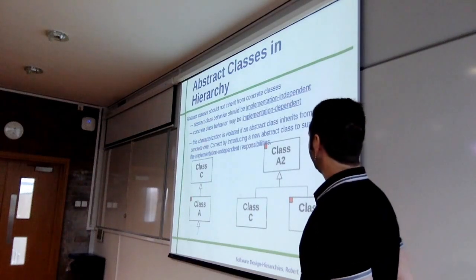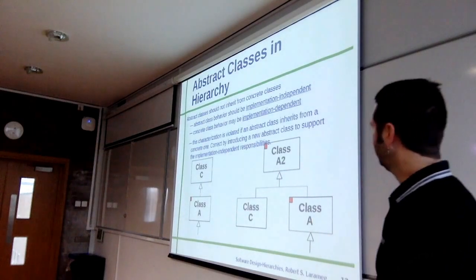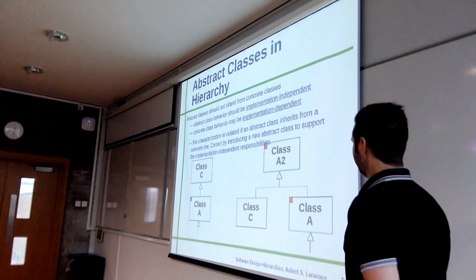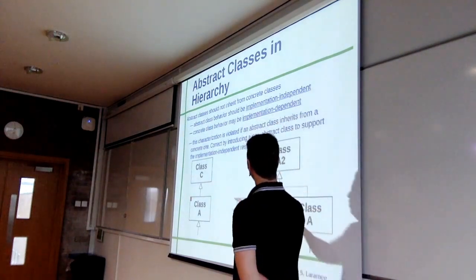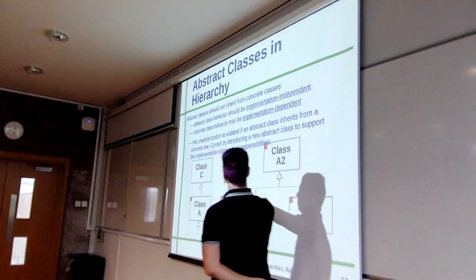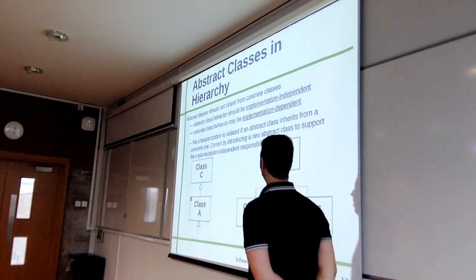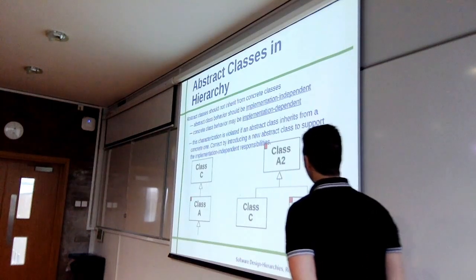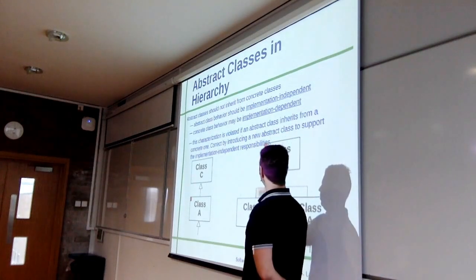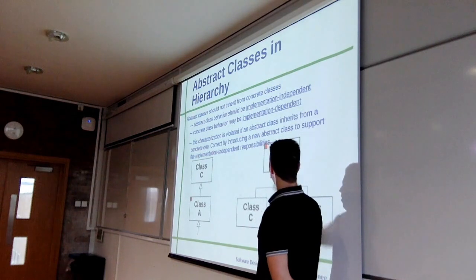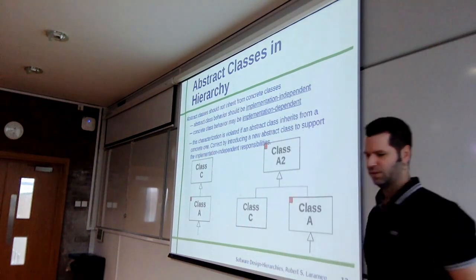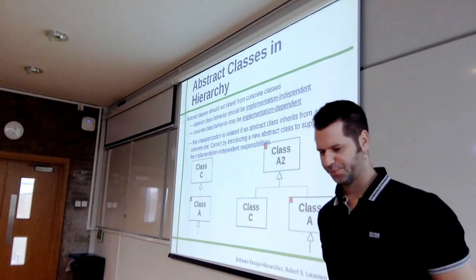So, in other words, we rearrange the hierarchy. We create a new class with the shared behavior of A and C, just like a few slides ago. And this is the new class with the shared behavior. And then we have the concrete class inheriting the shared behavior from the new abstract class. Right?